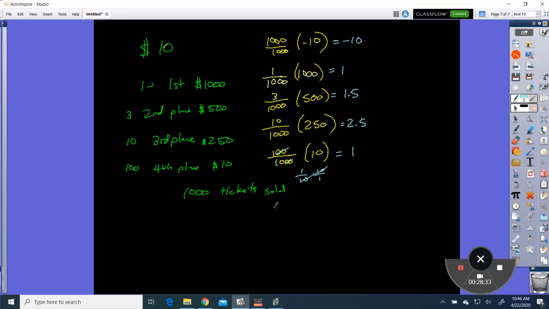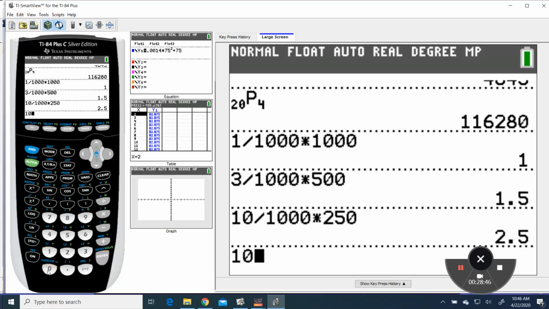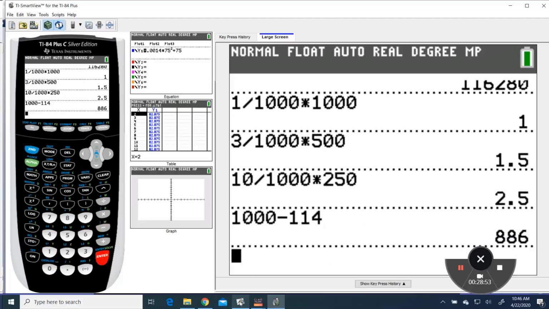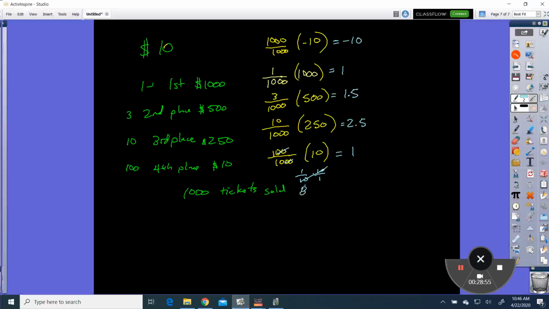Okay. And then if you really wanted to, you could say this is 1,000 minus 114, which is 886 who get nothing. What are their winnings? 0. Okay, if you want, that way we have everything taken care of.